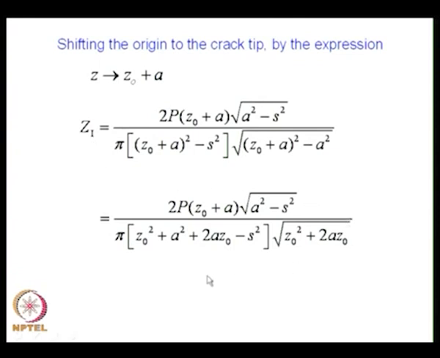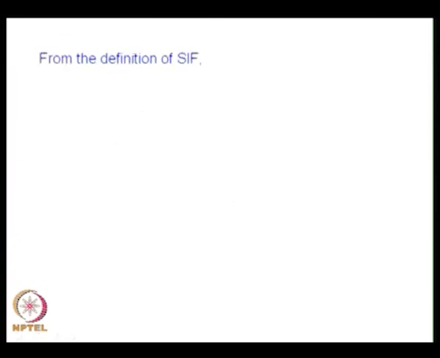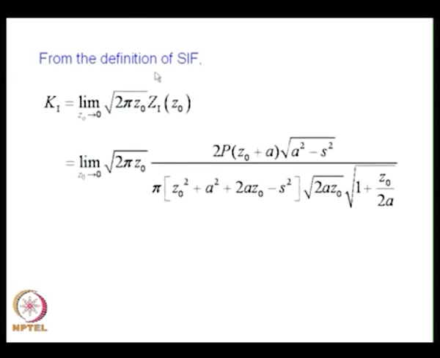So, the next step is you have to apply the limits, and we know from the definition of stress intensity factor, K1 is given as limit z naught tends to 0, root of 2 pi z naught multiplied by the stress function expressed in terms of z naught.